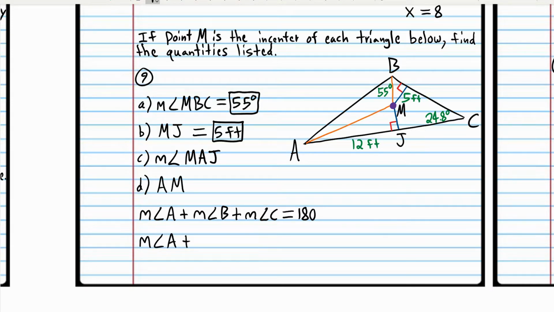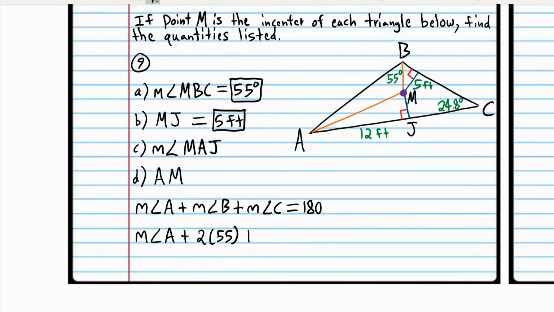Plus the measure of angle B, which is 2 times 55, because remember, 55 is half of that angle. And the measure of angle C is 24.8. That equals 180. So 2 times 55 is 110. Add that to 24.8 and you have 134.8.